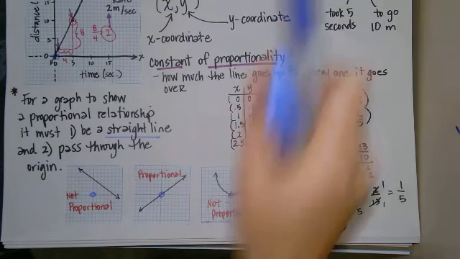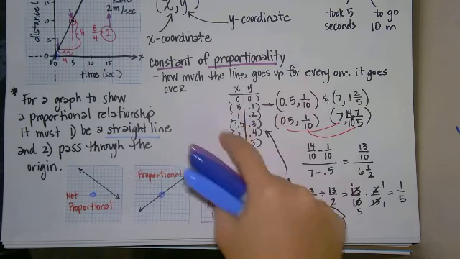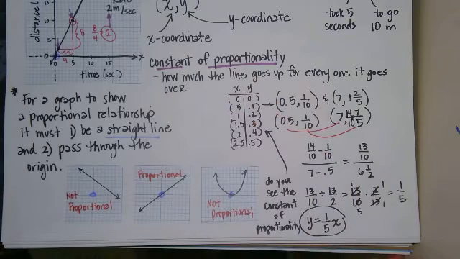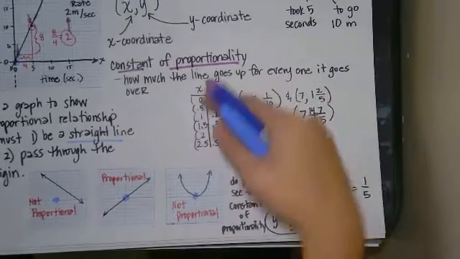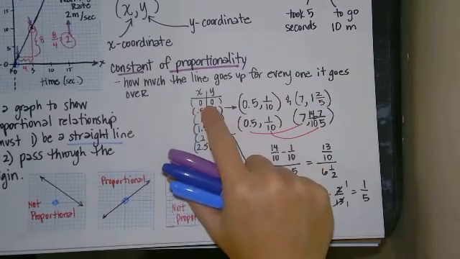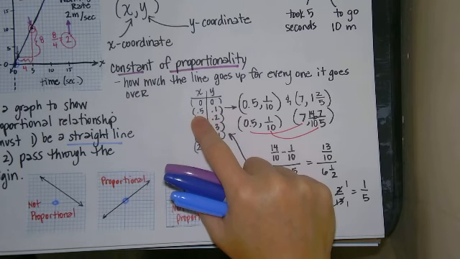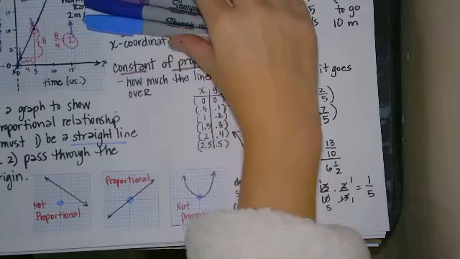All right, let's see if we can also look at a constant of proportionality for a table of values. So that's what we're looking at here. And so here we have a table of values. So when x is 0, y is 0, so we would have a point at 0, 0. When x is 0.5 or a half, y is 1/10.